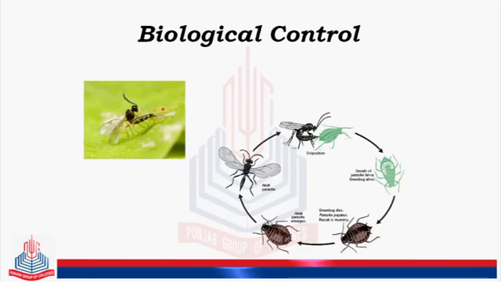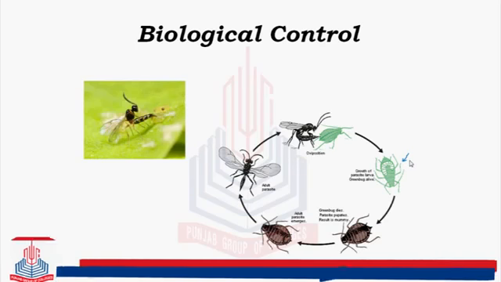It is a very typical and unusual sort of cycle in which the wasp is laying eggs in the aphid's body. This is the oviposition given over here, and the larvae of those wasps grow inside the aphids, and at that time these green bugs would die.